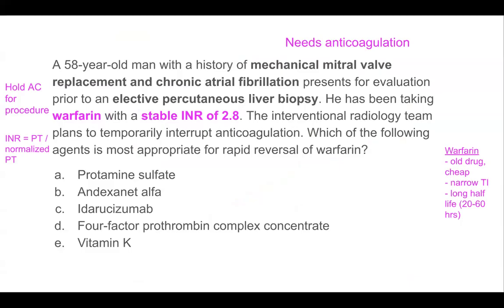It also has a narrow therapeutic index. So that means that it can interact with a lot of other drugs. Also, if people change their diet, change the amount of, say, vitamin K that they're eating, that's going to change the way warfarin is working. So that's why it's important to measure INR.